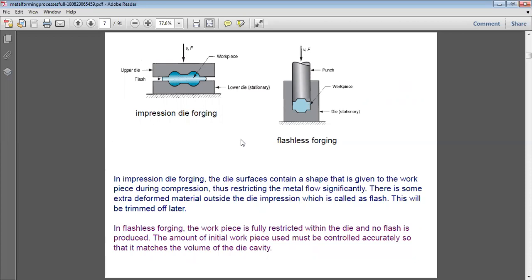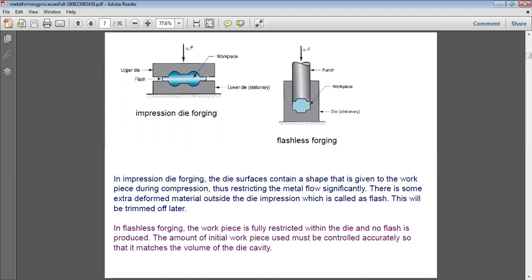It is not allowing the metal flow like in the case of open die forging. In the previous case, it can go sideways to any extent because it is free to expand to the sides. But in this case, we are restricting the metal flow by providing a cavity, by providing a shape. So there is some extra deformed material outside the die impression, which is called flash.